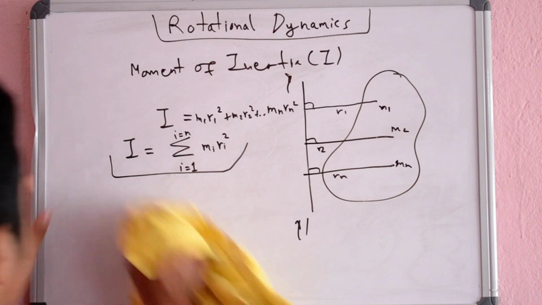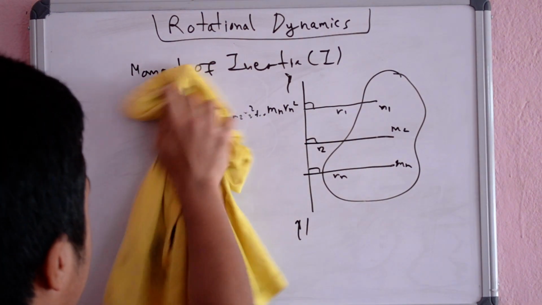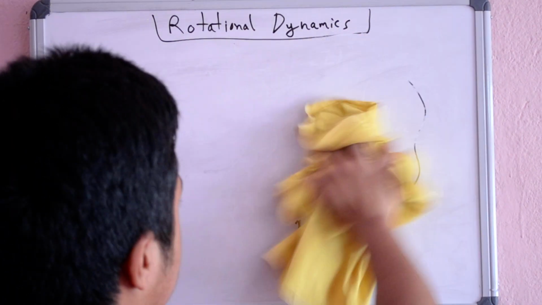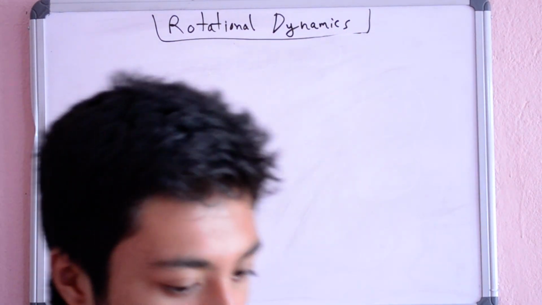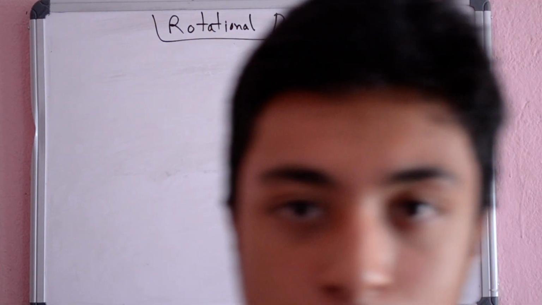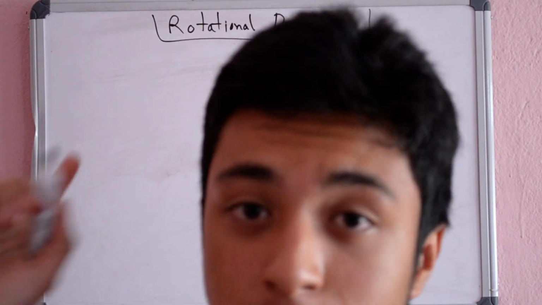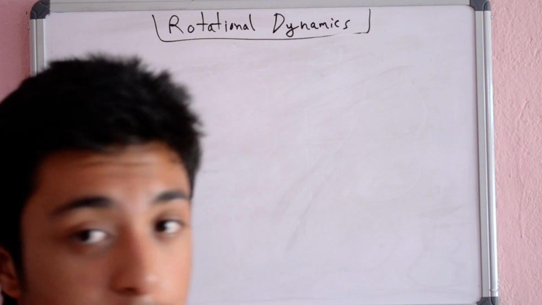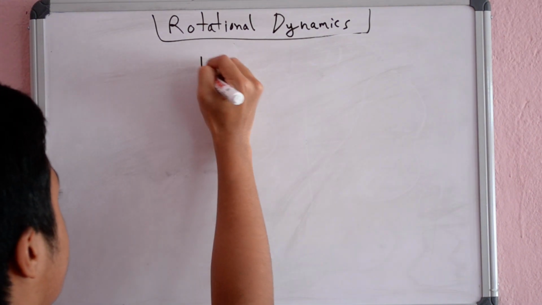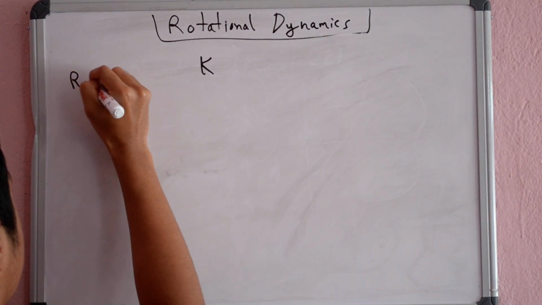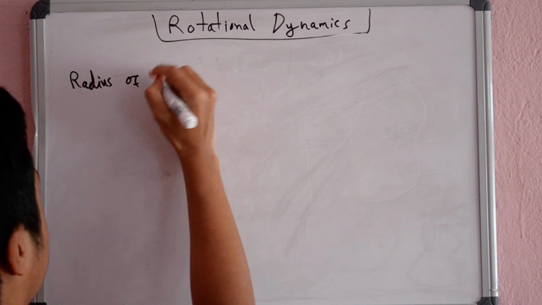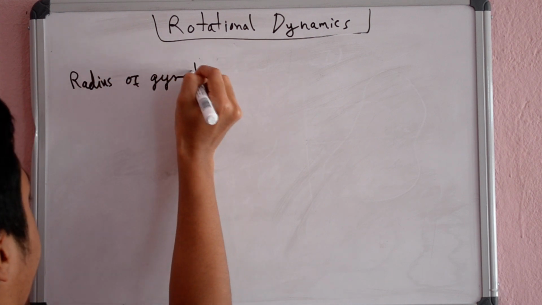Now, there is one more term, which is radius of gyration, which is denoted by k.